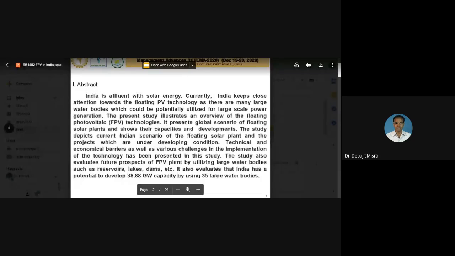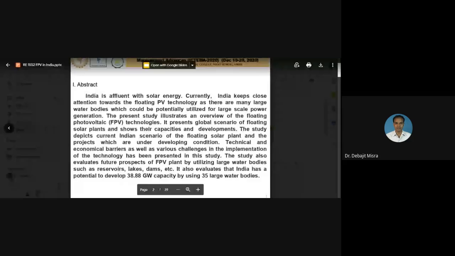About floating photovoltaic technologies, this study covers the present scenario at different places in the world, which are already done and which are in working condition, along with technical barriers and other challenges, because this photovoltaic technology started around 2008 and was fully implemented from around 2014.